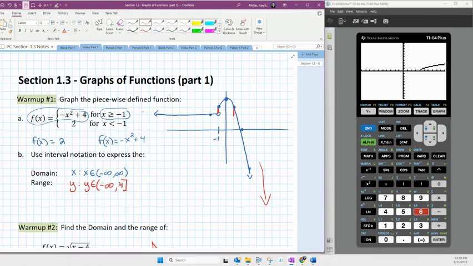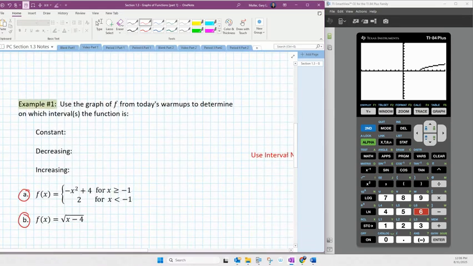So we can see that from the interval starting at negative infinity and going all the way until we get to -1, the y value doesn't change. So for part A, I would say that it is constant, and let's use interval notation, from negative infinity all the way to -1.